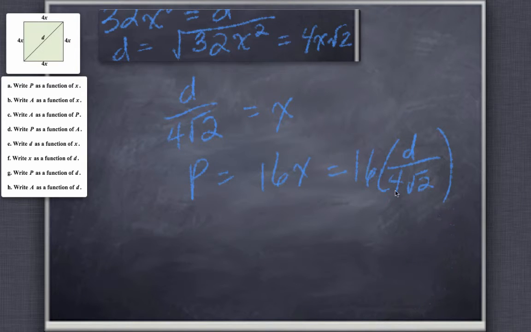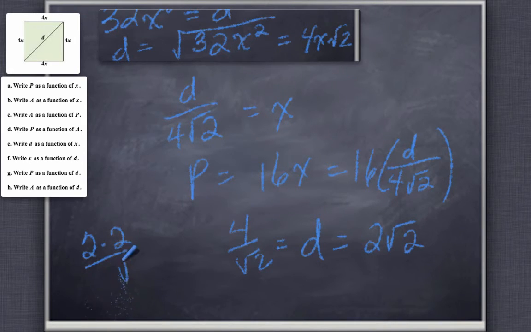I'm substituting now for x. 16 over 4 is 4, and this is 2 root 2 because it's 2 times 2 over root 2. 2 over root 2 is root 2 by definition.